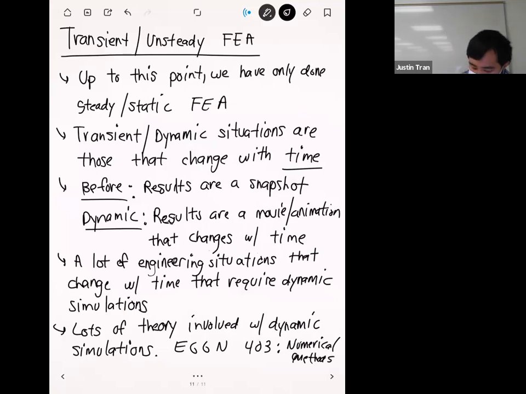If you're interested in learning more about dynamic simulations beyond what we're going to cover in this class, I highly recommend that class. It's a class that I've been trying to teach for years now, but because it's not an EGME class, because it's supplied by the dean's office, they don't give it to me, because I guess the dean doesn't like me or something. But hopefully one day I'll get to teach it, because I love that class so much and I really want to teach it.